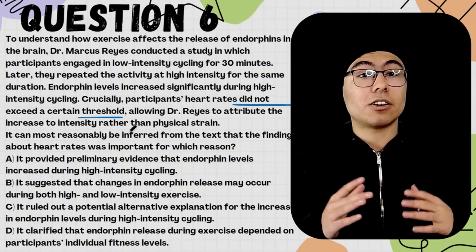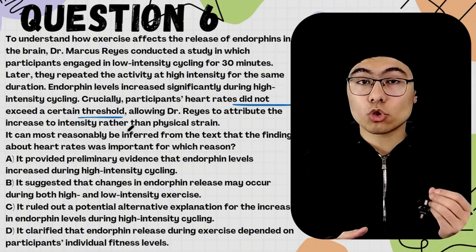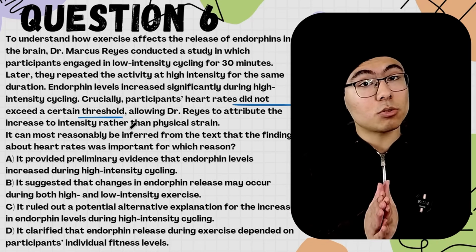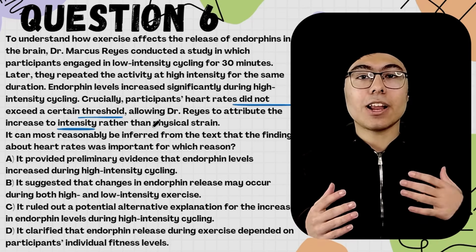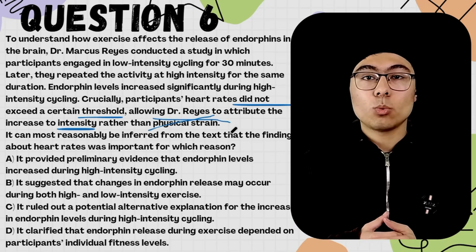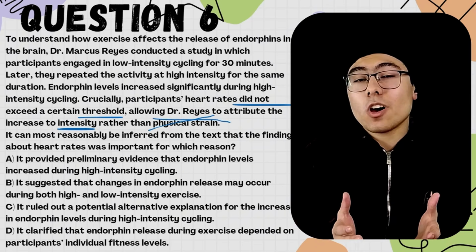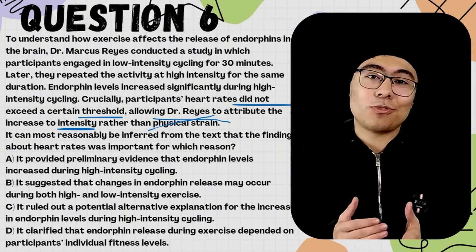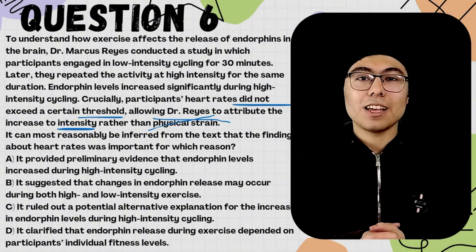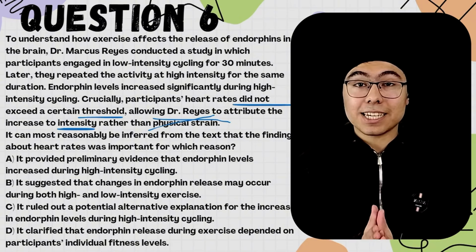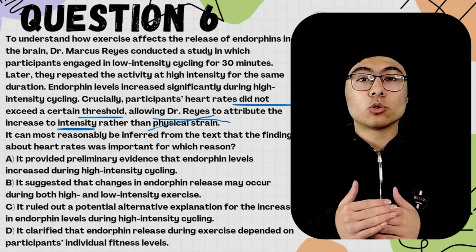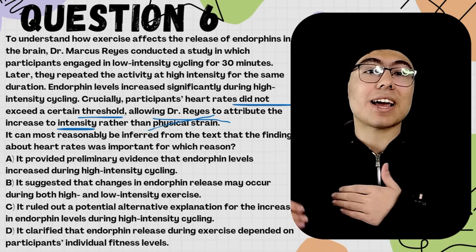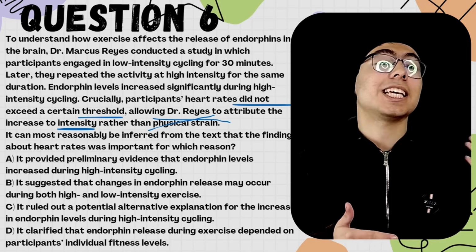This means the heart rate finding is crucial because it shows the increase in endorphins was due to intensity and not the physical effort, which, let's be honest, we all know is sometimes overrated, right? So based on this, I predict the answer is going to have something to do with ruling out an alternative explanation for the endorphin increase.